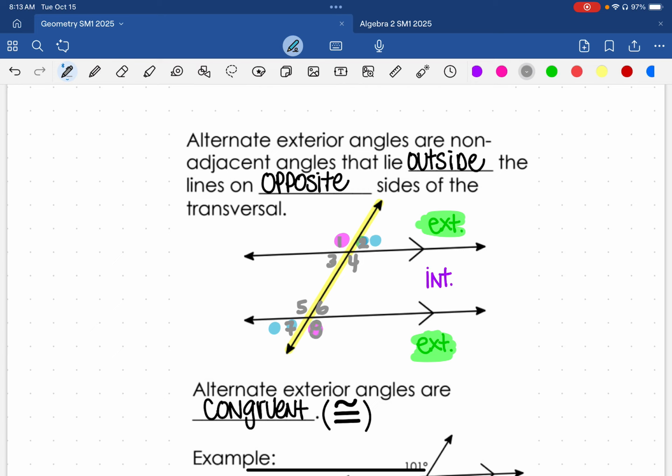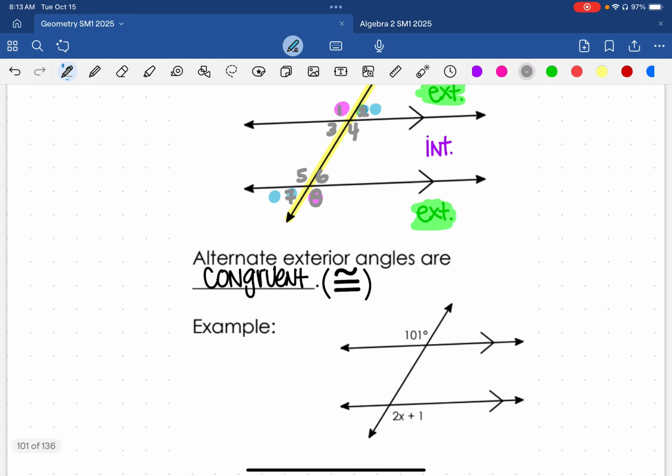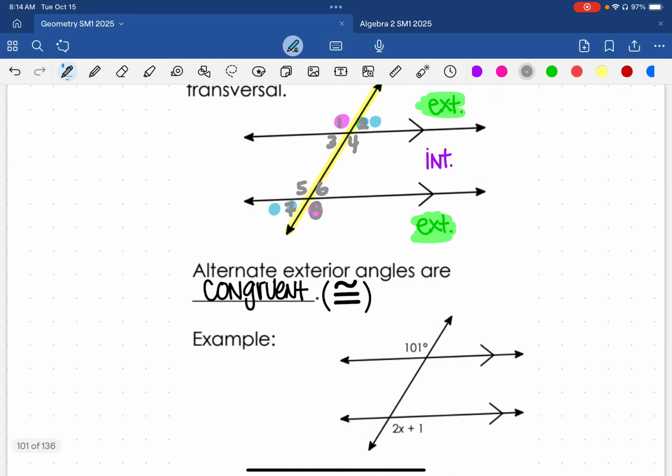So we're talking angle 1 with angle 8, angle 2 with angle 7. Alternate exterior angles are congruent, just like the alternate interior angles.